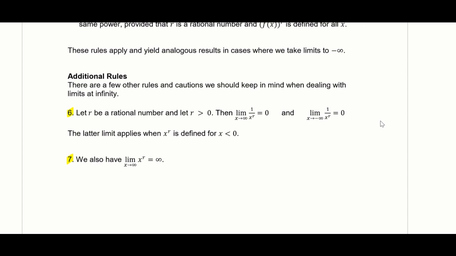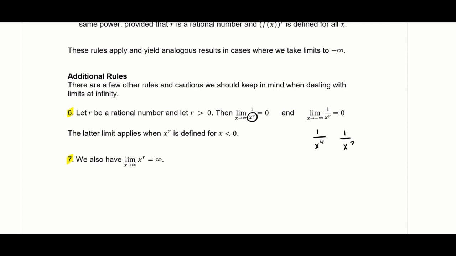Like if this is the function 1 over x to the 4th or 1 over x to the 7th. Basically what's going on here is this denominator expression, as x goes to infinity, is going to get bigger and bigger and bigger. It's going to overwhelm that fraction. That whole fraction is going to go to 0.